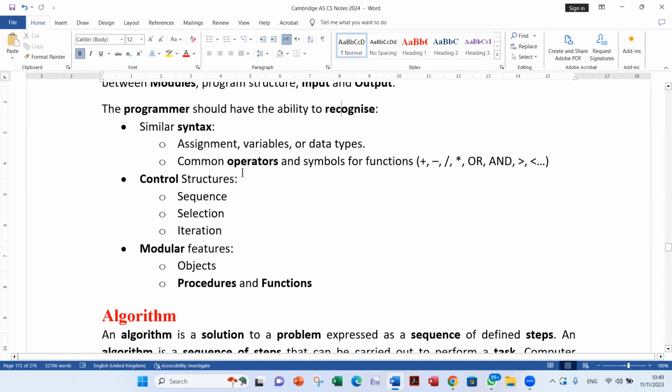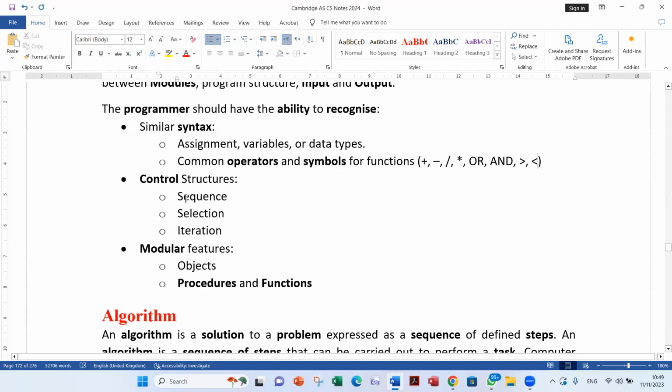The answer was: the programmer should have the ability to recognize similar syntax, for example assignment, variables, data types, common operations and symbols for functions such as addition, multiplication, division, or, and, greater than. Anything in any programming language, you will be able to recognize.